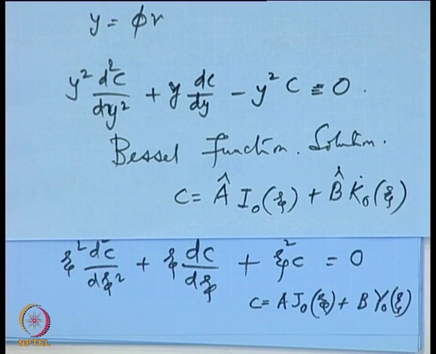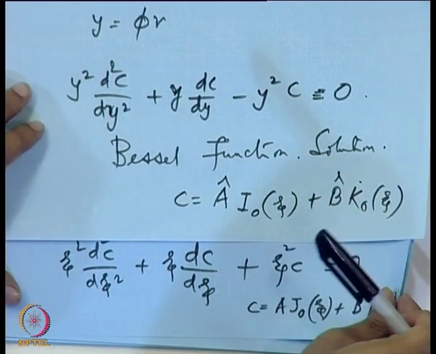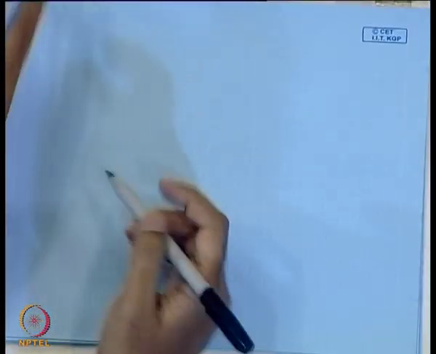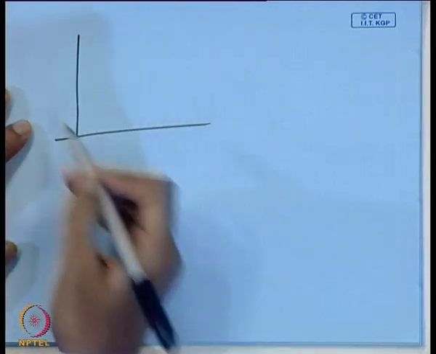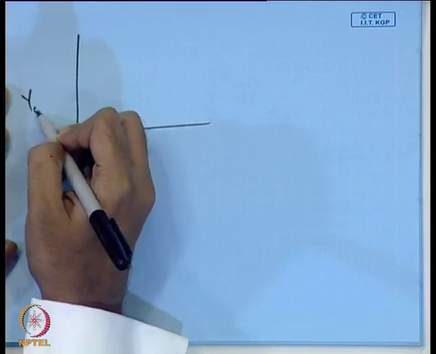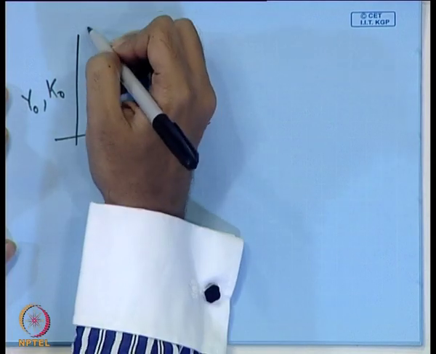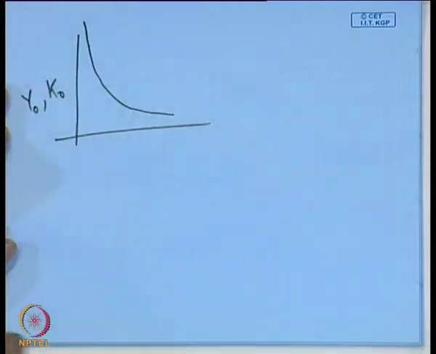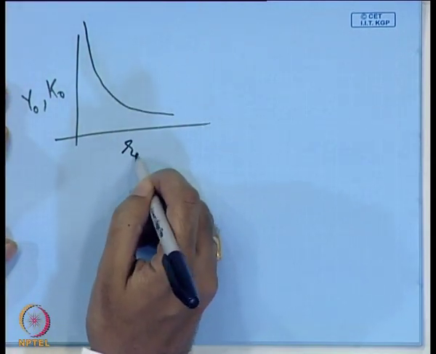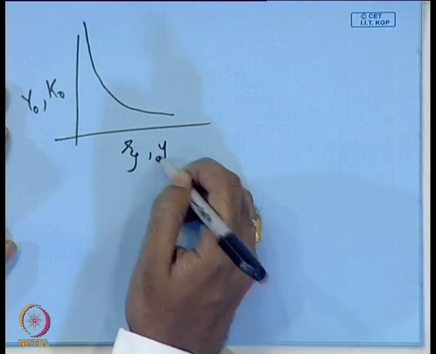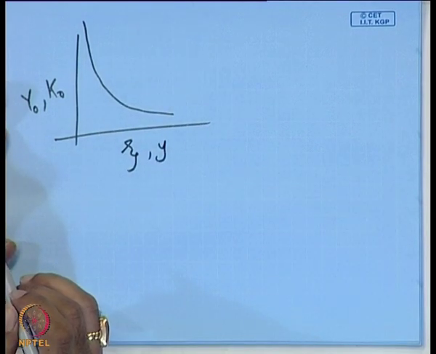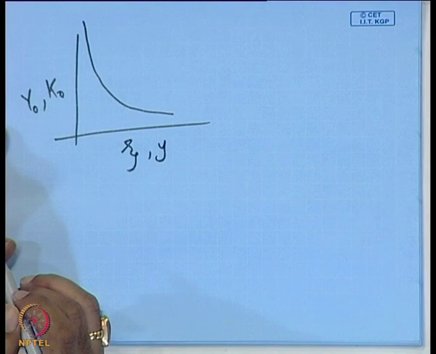Why is that? Because we need a finite value at r equals 0, psi equals 0. Both Y naught and K naught go to infinity as psi or y go to 0. So those two are not allowed.